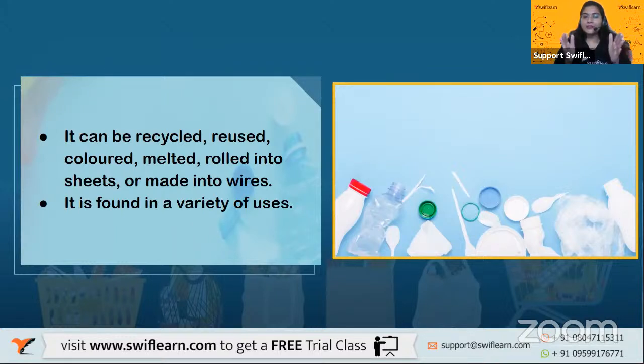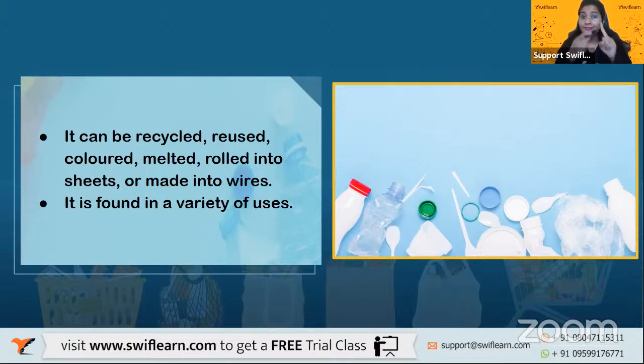Another very important property of plastic is that we can recycle it, reuse it, and give any sort of color to plastic materials. We can melt them down into various shapes, roll them into sheets, and also make them into wires. These are very important characteristic features.